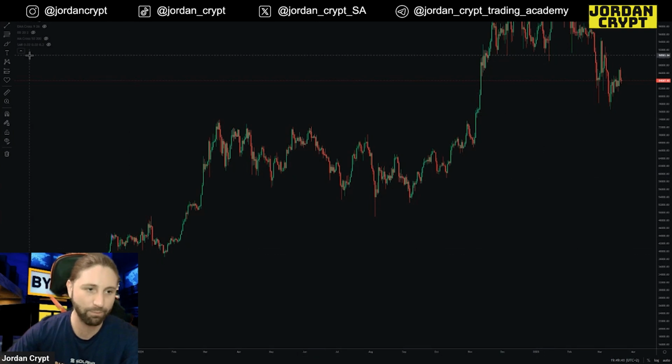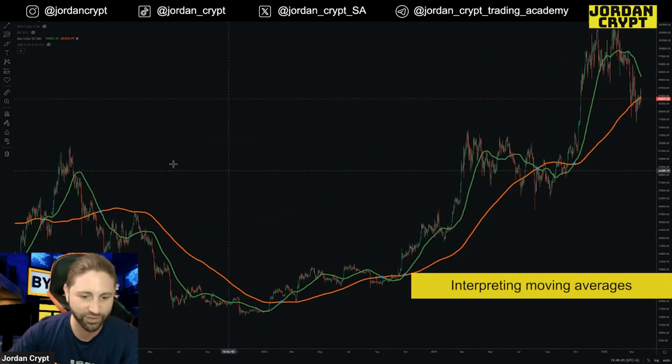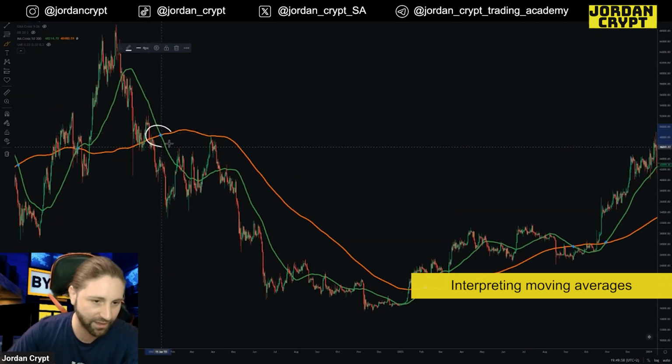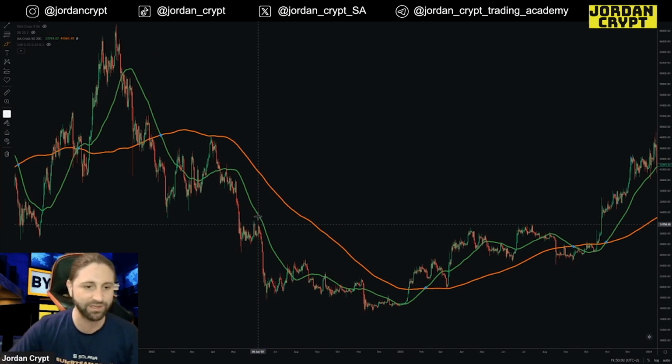And let's bring back our moving average cross of the 50 over the 200. And you might think, oh, it's so difficult to find a cross. We do not often get crosses. So what happens if you are in the markets during this time?